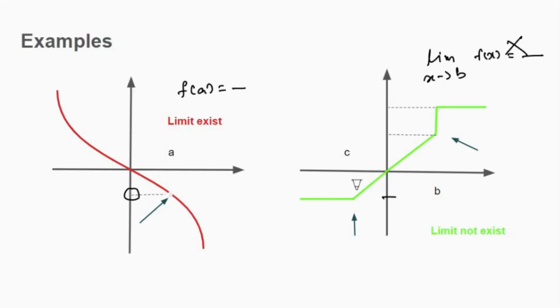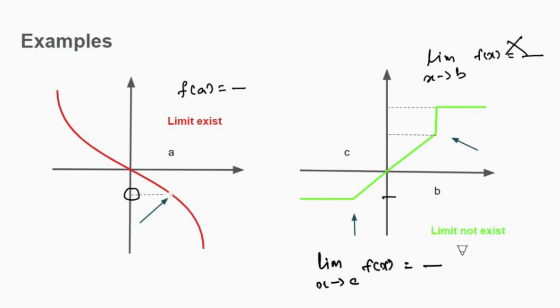So let's examine. First of all, for this point c, there is no break like here, and there is no sudden rise or fall like this also, which means the output is well defined for the input c, right? If it is well defined, we know that we can write limit x tends to c f of x is equal to some value.